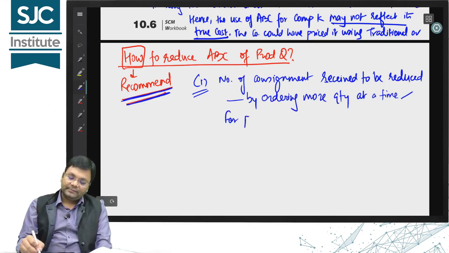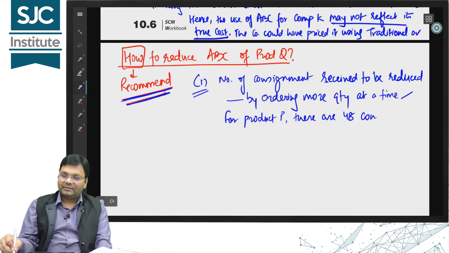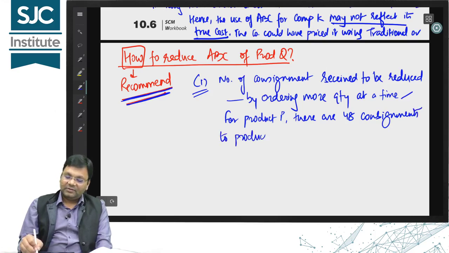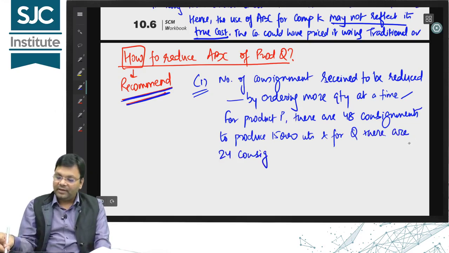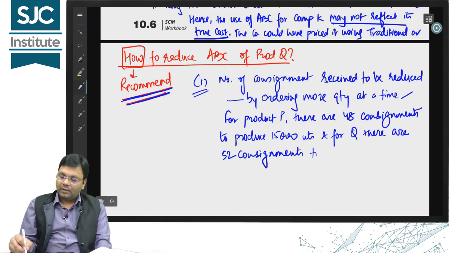For product P, there are 48 consignments to produce 15,000 units, and for Q there are 24 consignments, sorry, not 24, 52 consignments to produce 5,000 units.